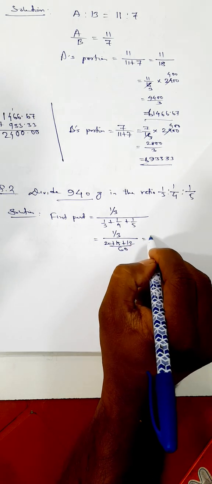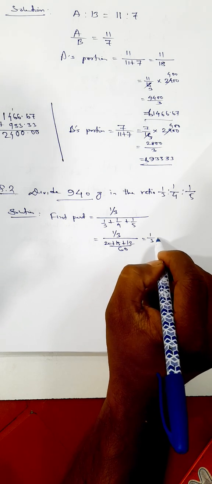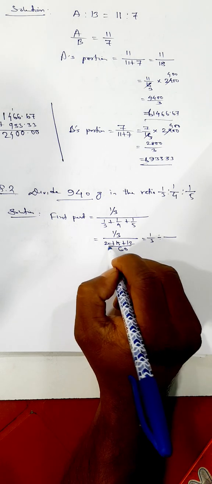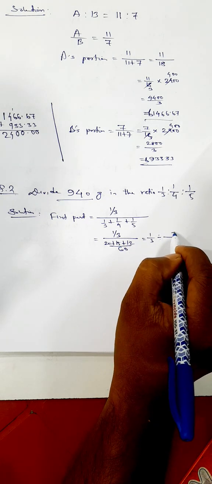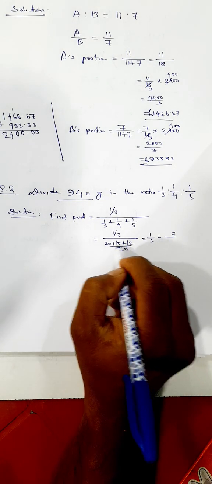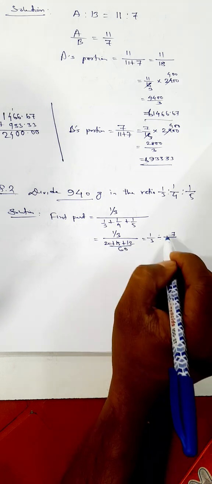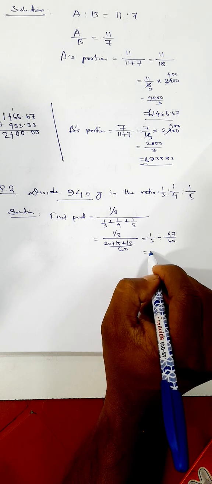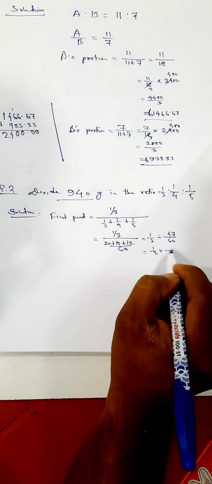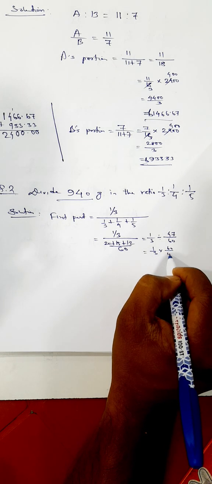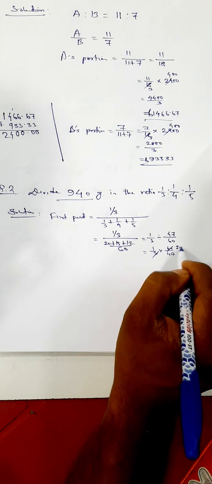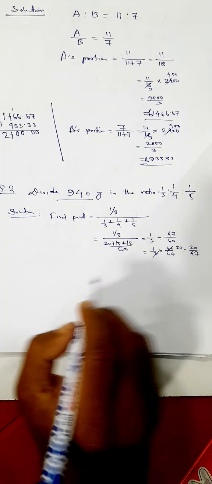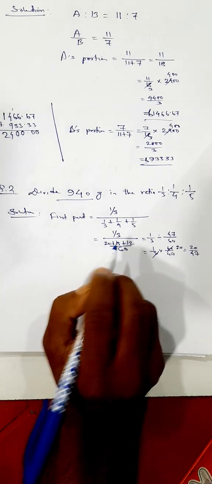This becomes 1/3 divided by 47/60, since 20 plus 15 plus 12 is 47. That is 1/3 into 60/47, which is 20/47.